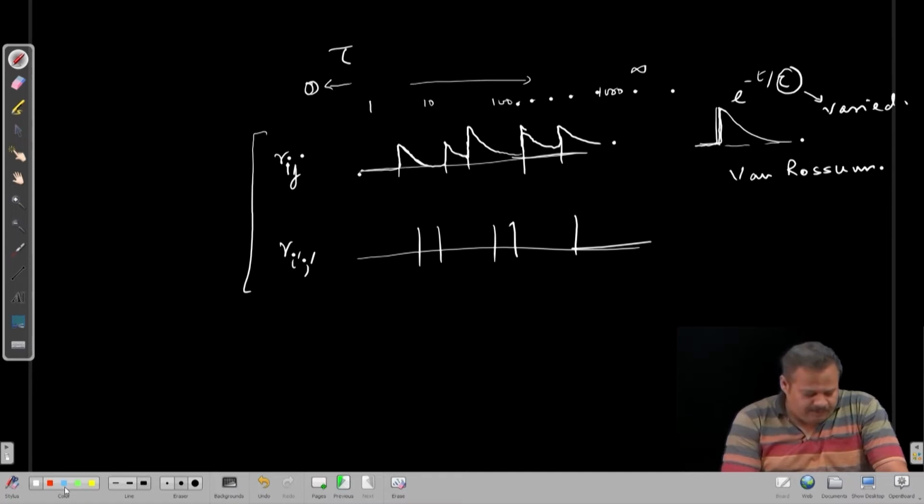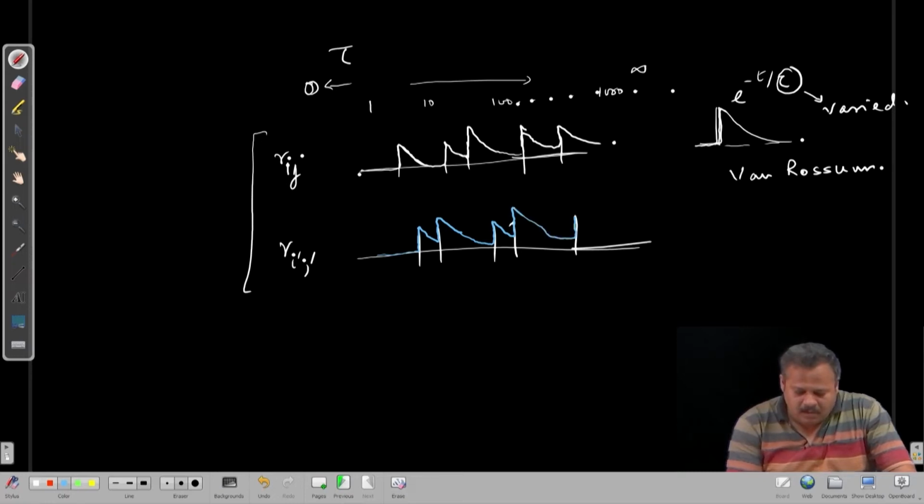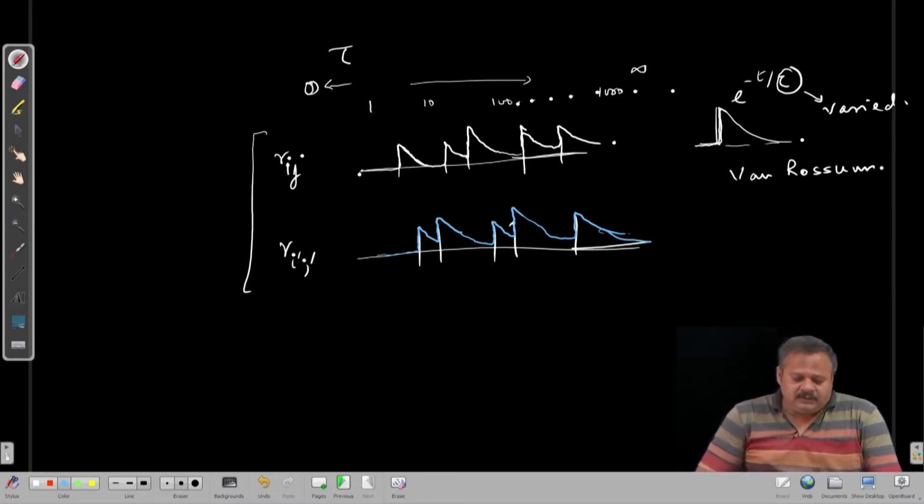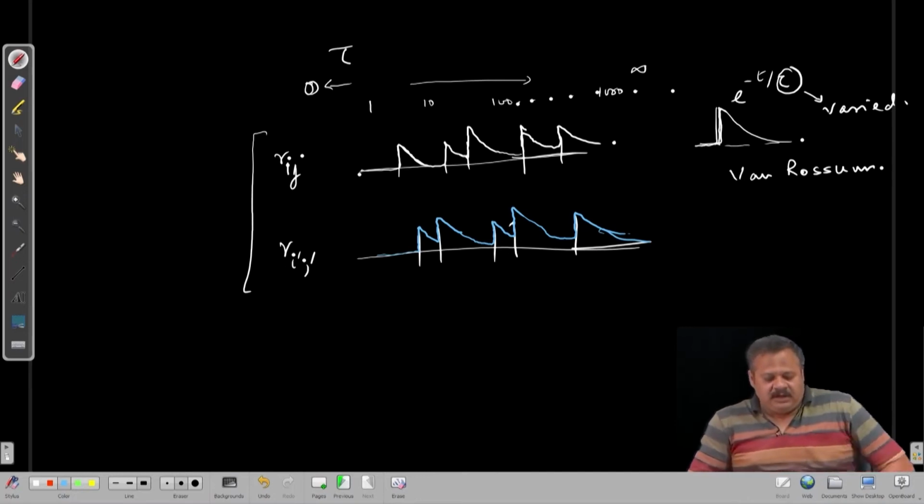And similarly, for the other spike train, we will get something like this. Now, for different taus, these shapes are going to vary.